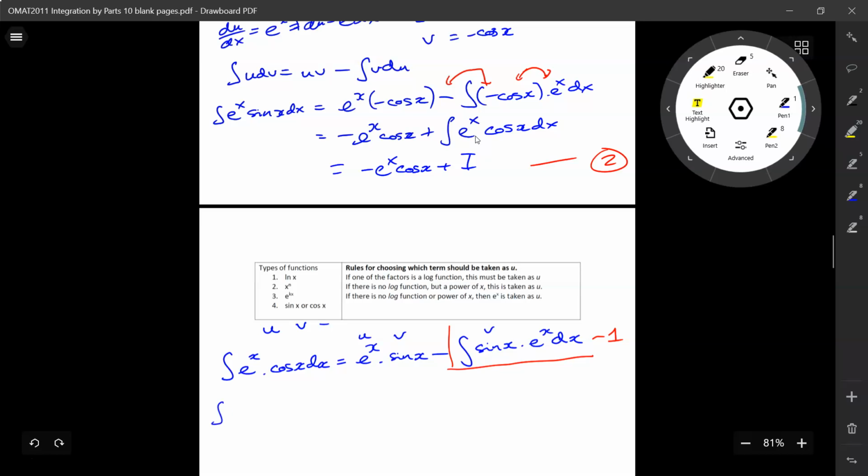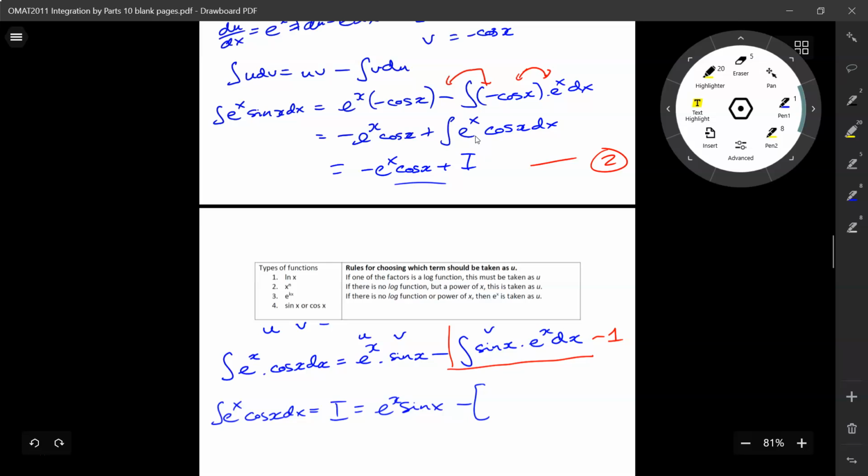So the integral of exponential x cosine x dx is equal to big I, which is equal to exponential x sine x minus, and here we have number 2, which goes in here.